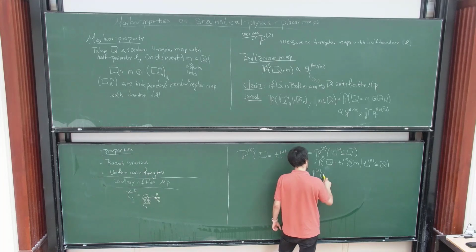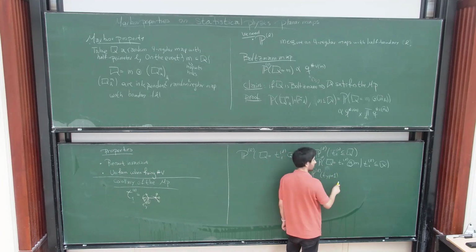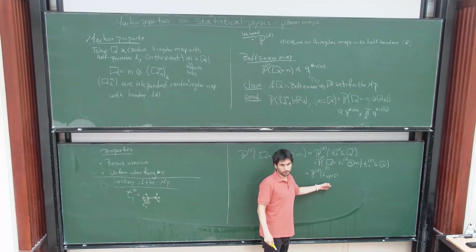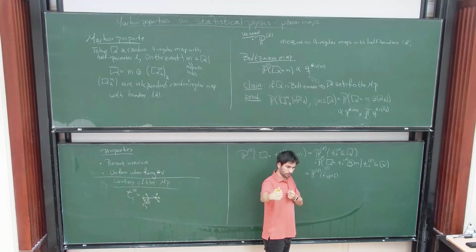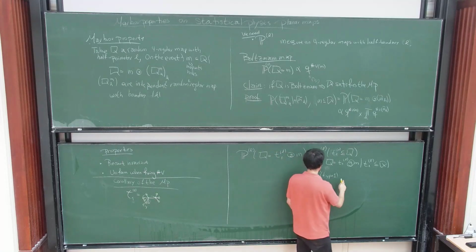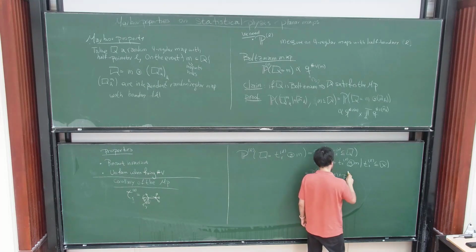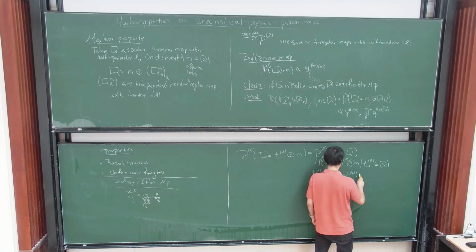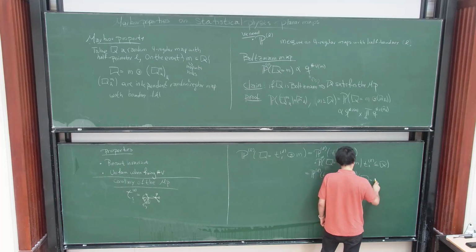I will call this type 1. I just discovered something, meaning a type 1 means that after I discover the vertex attached to the other point of the root edge, it was a new vertex. I just call that type 1, times the probability, but now L plus 1, that Q is equal to.